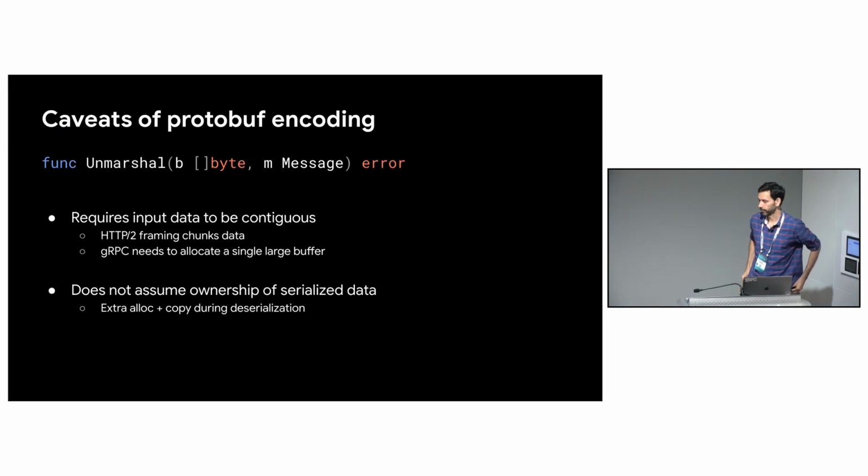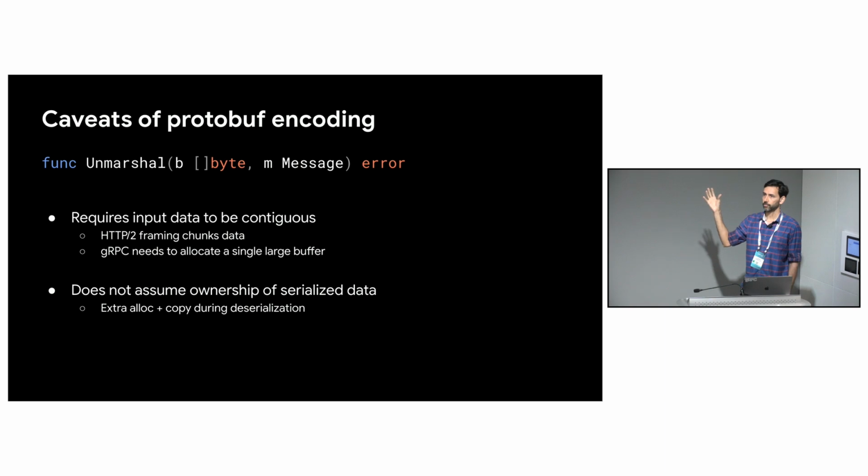Now, let's get to some caveats of the protobuf encoding. Up there, you see the Unmarshal function, which is provided by the protobuf Golang library. And this has two major problems. The first one is that it takes a byte slice as input.